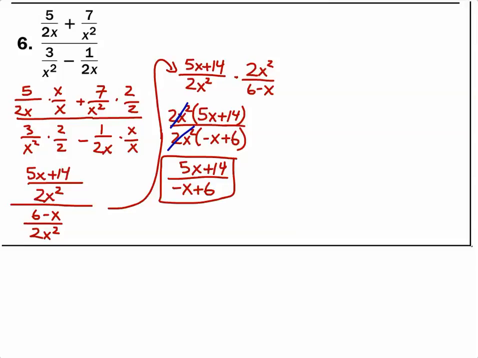You do that, and then you've got these 2x squareds that cancel, numerator and denominator, because they're common factors, so they divide out nice and easily. You end up with 5x plus 14 over negative x plus 6, or if you prefer, 6 minus x.